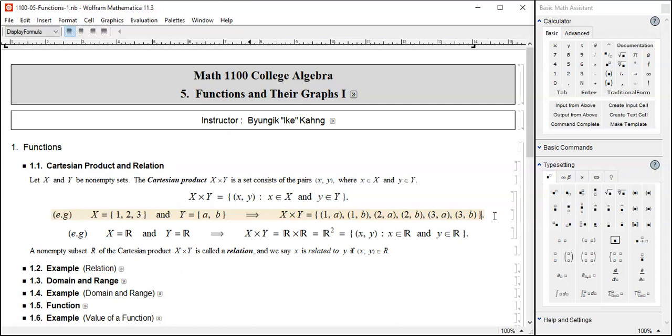Now, what if we have infinite sets flying around? Here's the most important example for our purpose. When X and Y are both the set of all real numbers, in that case, X times Y is R times R. So we have R squared given by the ordered pairs of real numbers (x, y). Now, what kind of set is this?